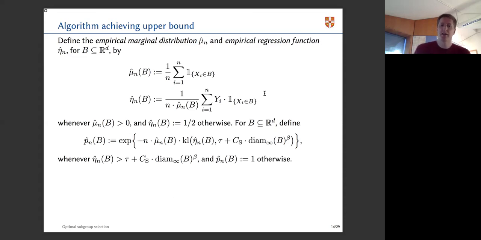And the key idea that underpins our algorithm is to define, for every subset of R^d, at least in principle, I'll restrict it later on, a p-value, what I claim is going to be a p-value. And this is a p-value for testing the null hypothesis that the infimum of the regression function over B is less than tau.